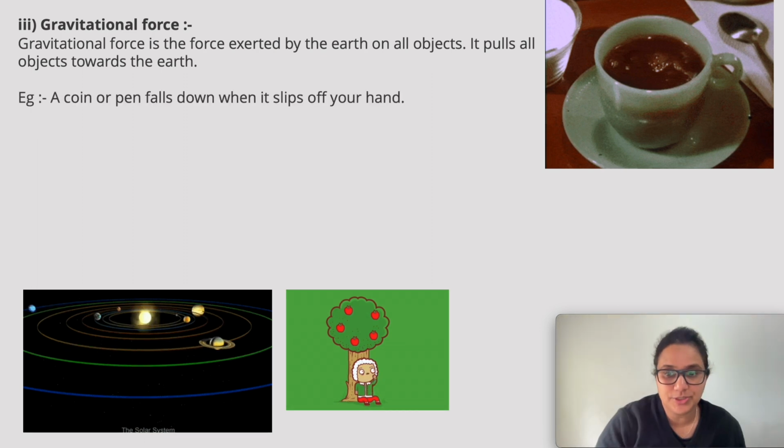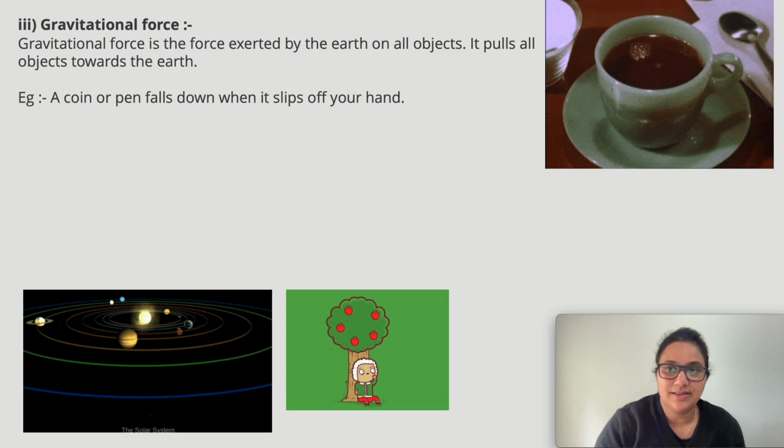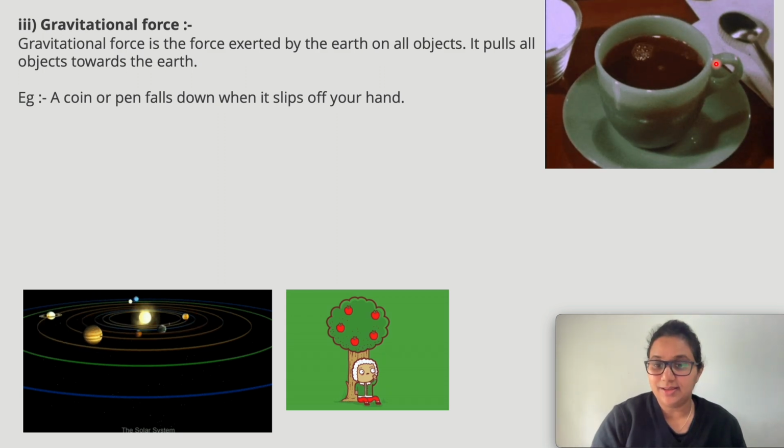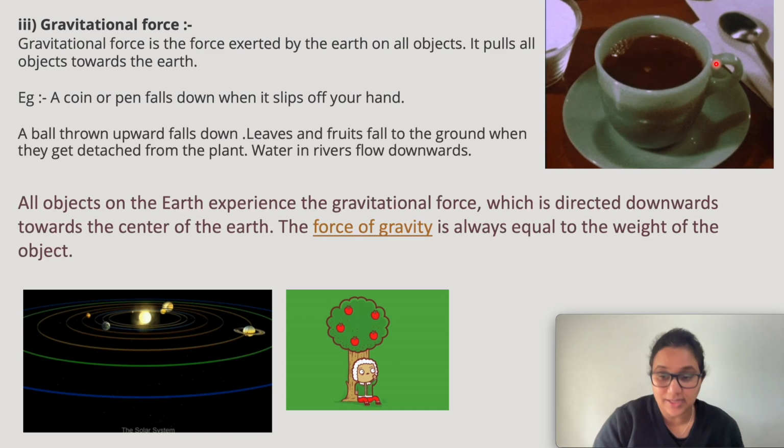Another example: the motion of planets, the sun, and all stars are examples of gravitational force. Another example: you can see that the teacup is stationary unless you take it from that position, right? There are many examples of gravitational forces.